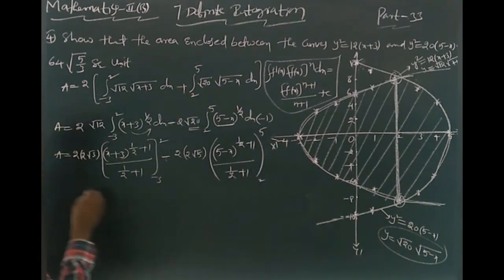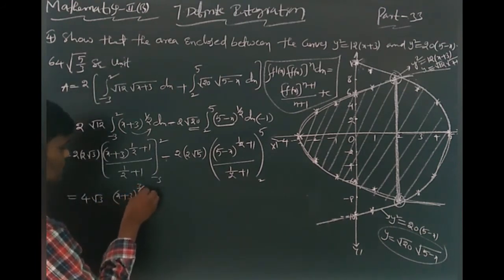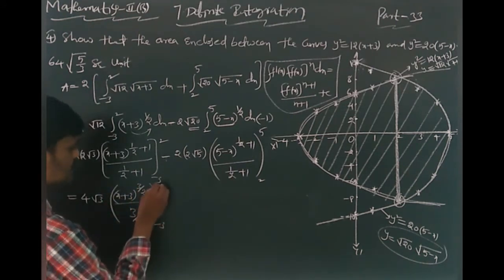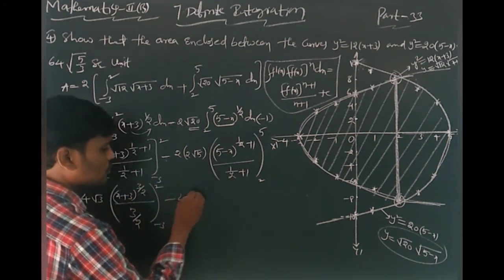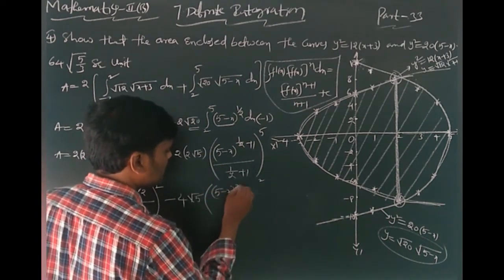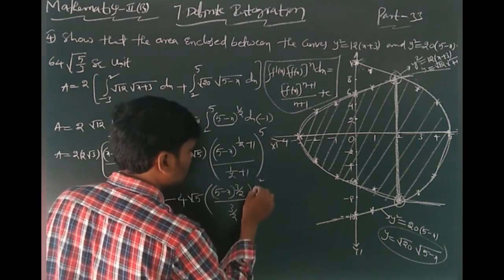After that, 4 root 3, x plus 3 whole power 3 by 2, by 3 by 2. Limits is minus 3 to 2, minus 4 root 5. Here also it is 5 minus x whole power 3 by 2, by 3 by 2, limits 2 to 5.